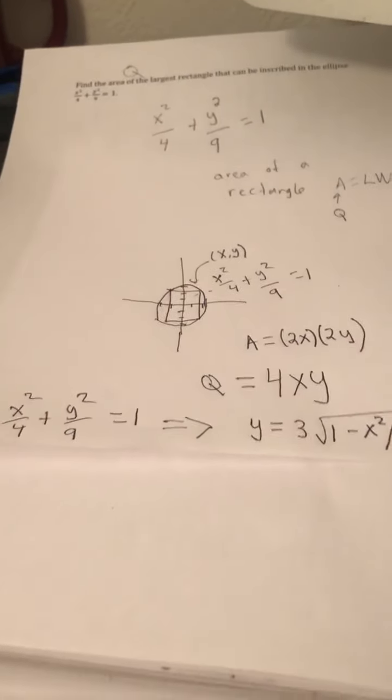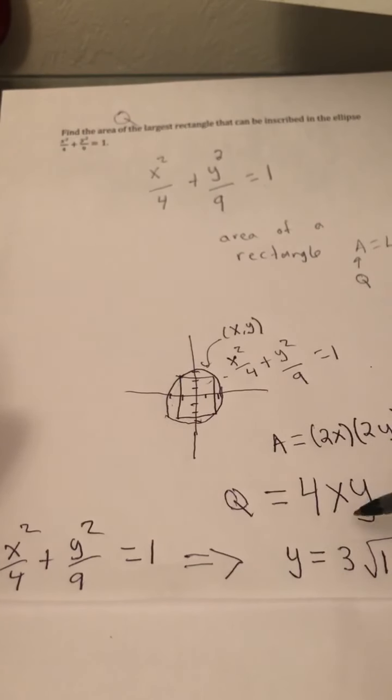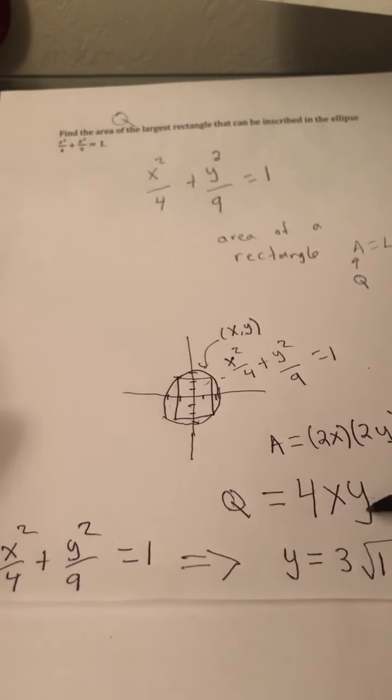So if I replace y with that quantity, what I end up with is now Q in terms of only one variable, and that's what we want.